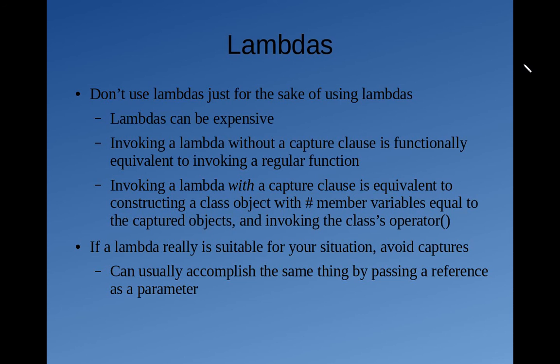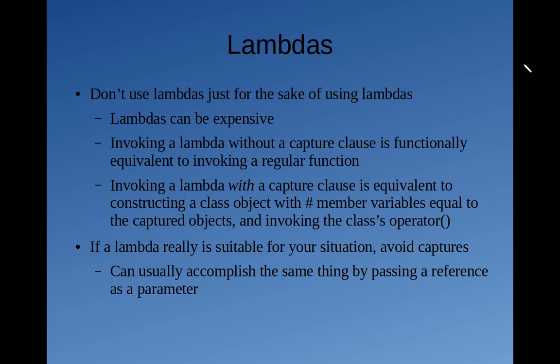In terms of computational efficiency, when you invoke a lambda without a capture clause, the compiler can reduce it to just a regular function, because you have an implicit conversion to a function pointer, so your compiler can reduce it to just a function call.